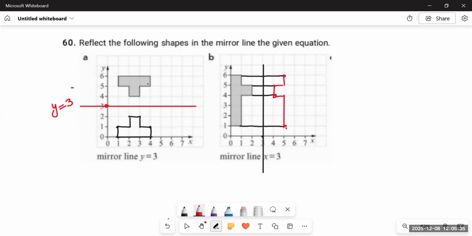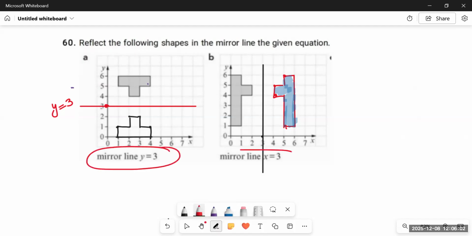And then we will go back 1 square here, 1 square here, and a straight line. So that's how the image would look with respect to the mirror line x equals 3. That's it. Okay. Now you can shade it. So this is the correct mirror image of the given objects with respect to these given lines. That's it.